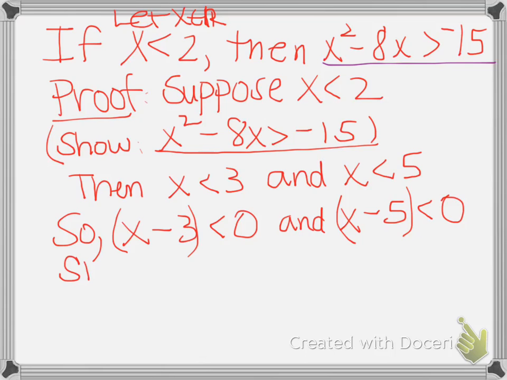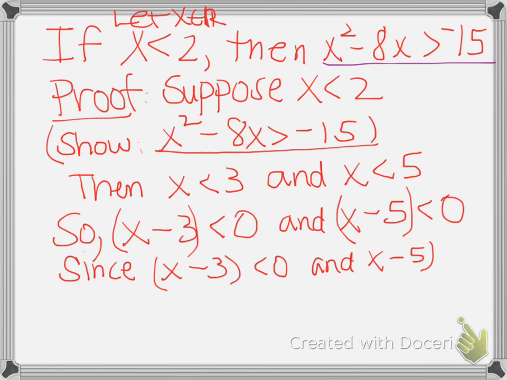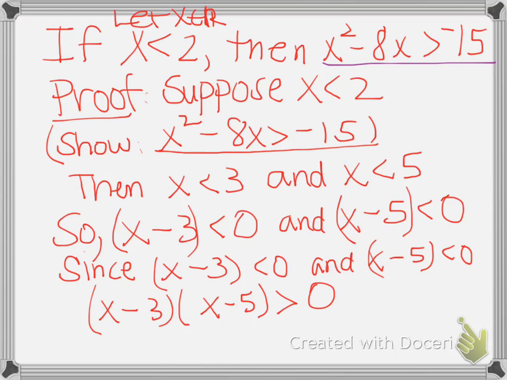So we can say since x minus 3 is less than 0 and x minus 5 is less than 0, x minus 3 times x minus 5 is going to be greater than 0. And then I'll let you guys finish this. Your last line, of course, is going to be: therefore x squared minus 8x is greater than negative 15.